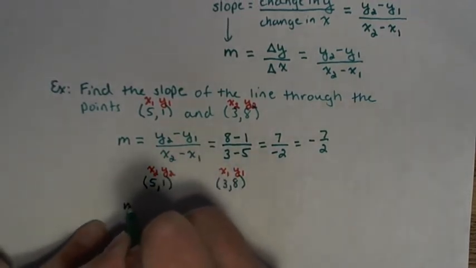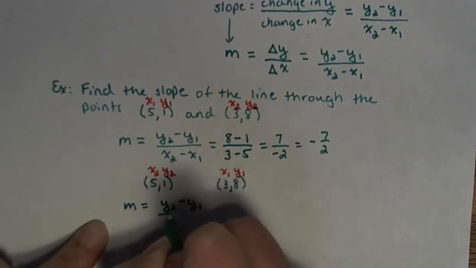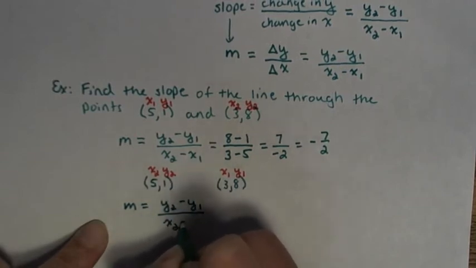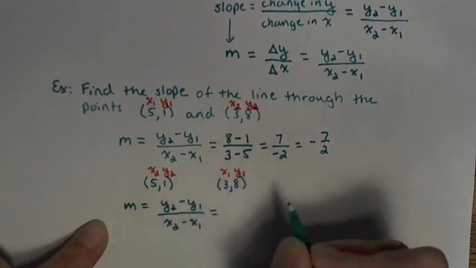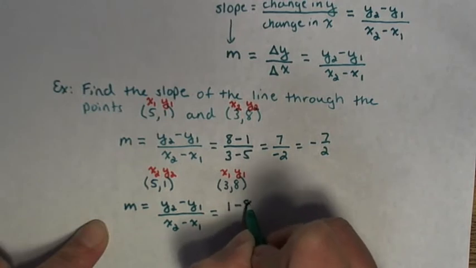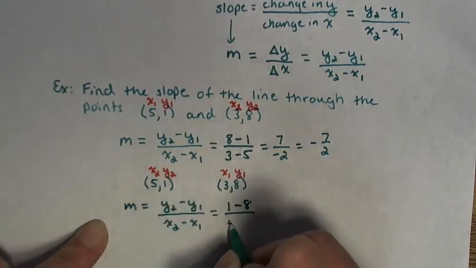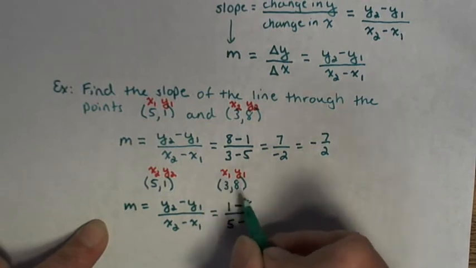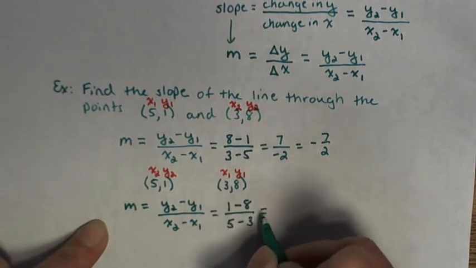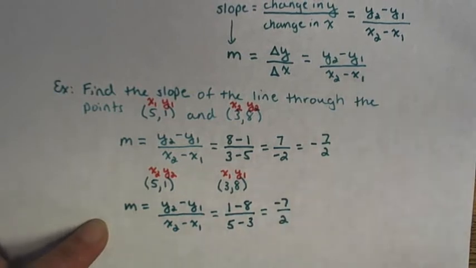Well, again, remember, m is still going to be y sub 2 minus y sub 1 over x sub 2 minus x sub 1. But now I'm going to have 1 minus 8 over my x sub 2, which is 5, minus my x sub 1, which is 3, and I end up with negative 7 over 2.